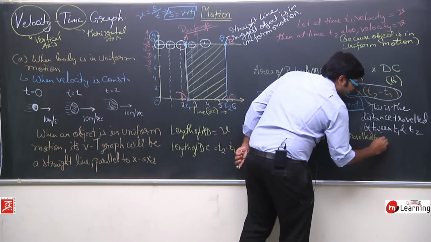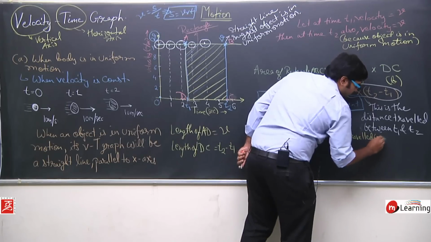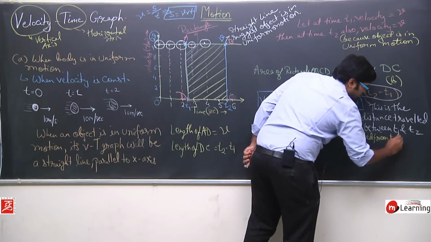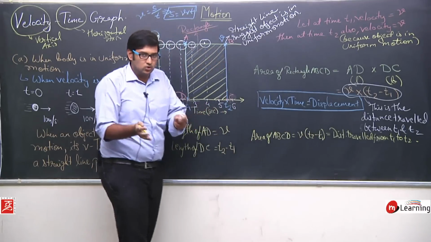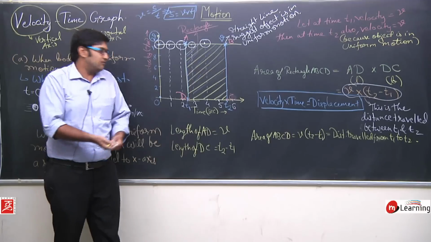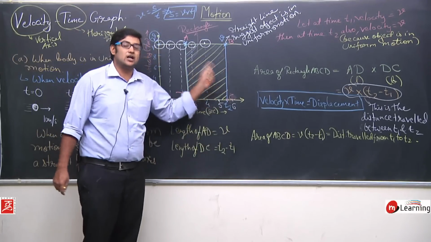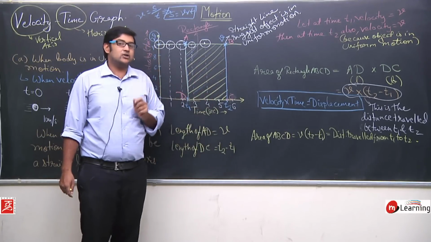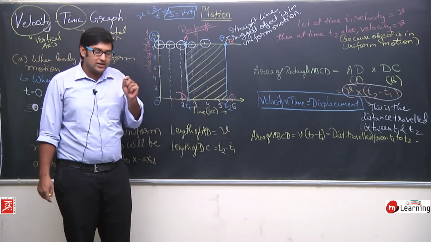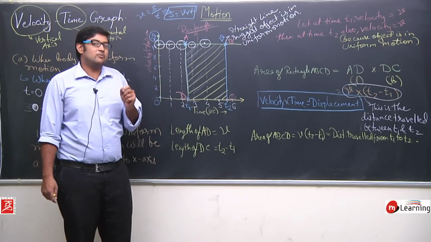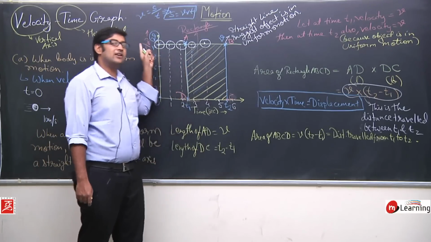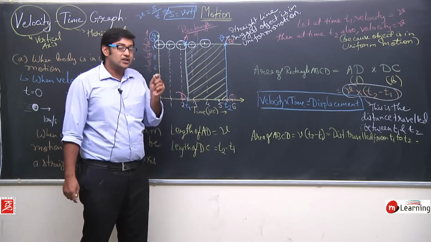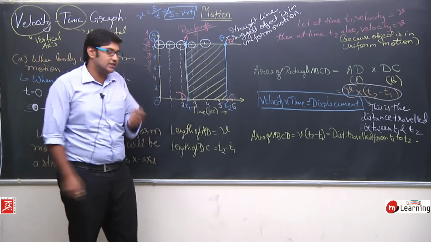from T1 to T2. In this duration of T1 to T2, how much distance we have travelled, we can calculate using this area. So a very important conclusion that we can draw is that the area of velocity time graph gives you the distance, okay.